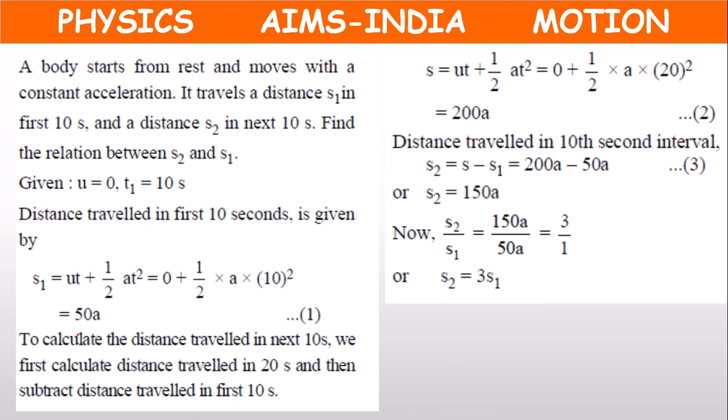So first we have to calculate the total distance traveled in the first 10 seconds plus the next 10 seconds. From that, we have to remove the first distance, so that the next 10 seconds distance will come. So let's calculate the total distance for 20 seconds. For that also, the formula will be the same, but instead of T1, we have to take simply T, which is the total time, 20 seconds. u value is 0.